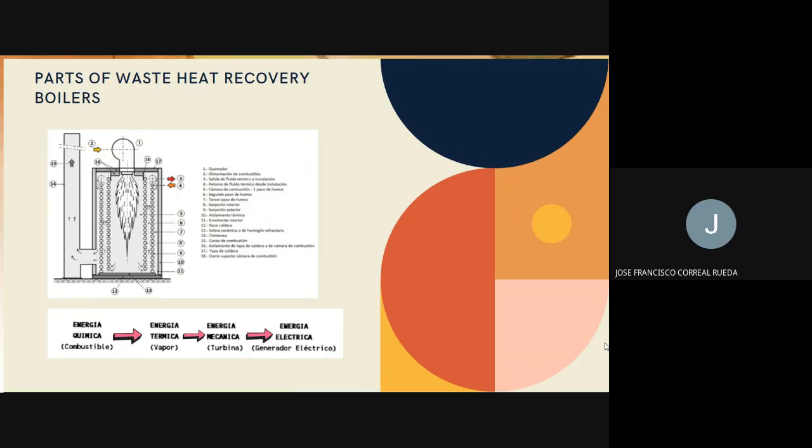Once the fuel burns, hot gases that carry a lot of thermal energy are produced. The remaining gases of combustion are directed upwards behind the walls of the boiler, formed by tubes through which water circulates that generates some steam. It is covered by refractory material to avoid heat leakage to the outside.